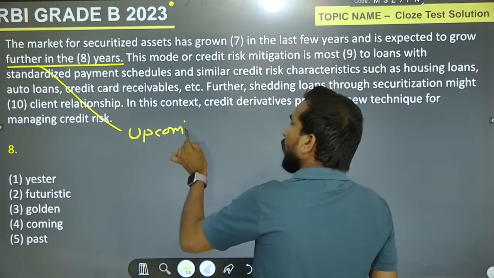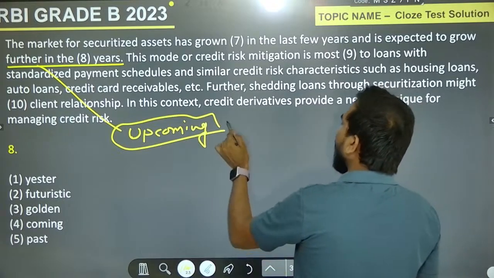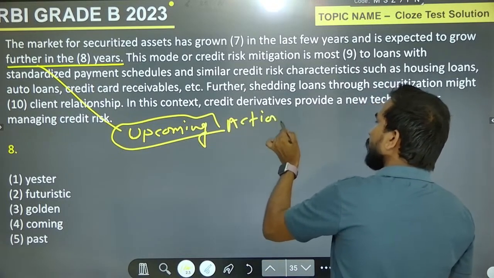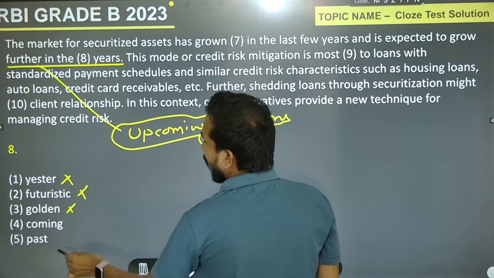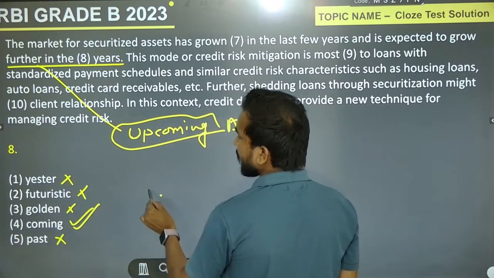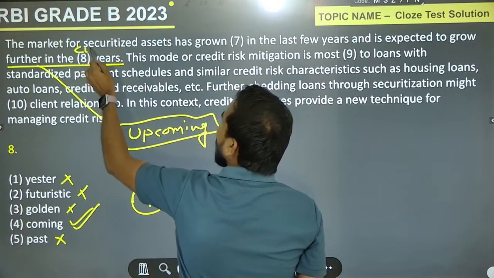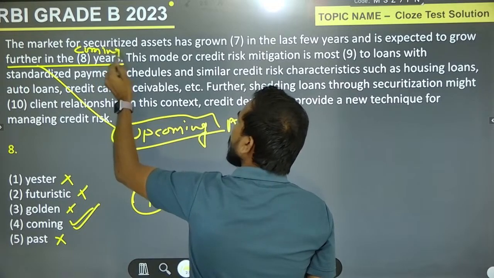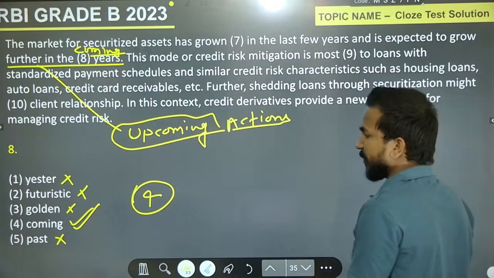Yes or no? If you are talking about further, that will be upcoming actions. So it must be yesterday, futuristic, golden or past? No, it must be coming. Further in the coming years. Upcoming or coming years. Yeah, it must be 4.